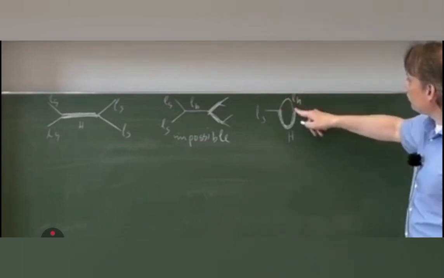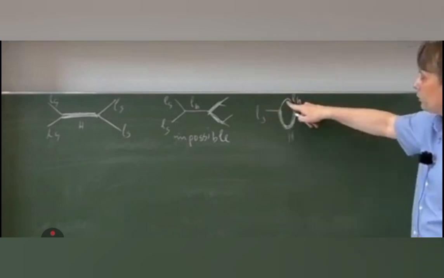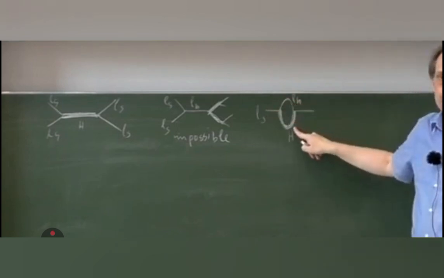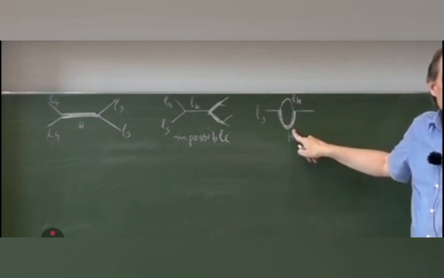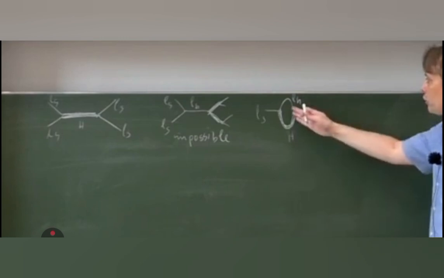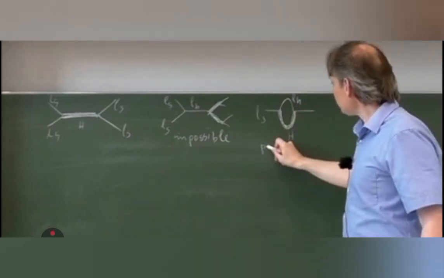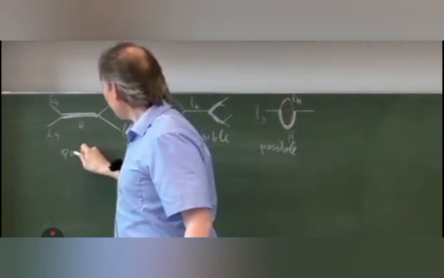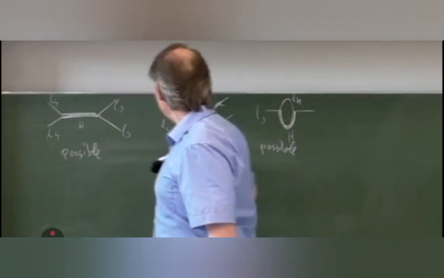Namely, if we require that here is a soft momentum, here is a hard momentum, then momentum conservation simply tells us that in this case we must have a hard momentum here as well, which is possible. So these diagrams are possible, but such a diagram is impossible.